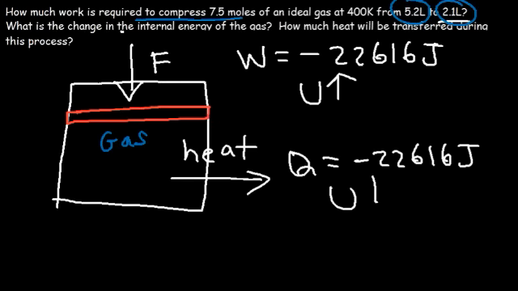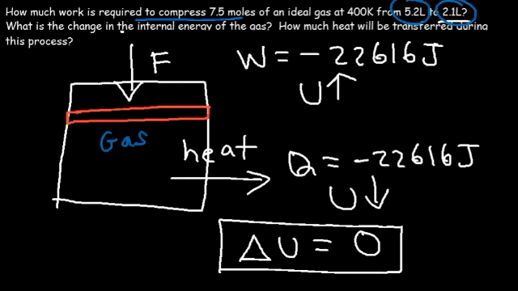So that decreases the internal energy. So therefore, the change in internal energy is 0. The amount of energy that is being transferred into the gas by means of the mechanical work is equal to the amount of energy that leaves the gas by means of heat. So the gas gains no internal energy. The internal energy remains constant in this particular problem.